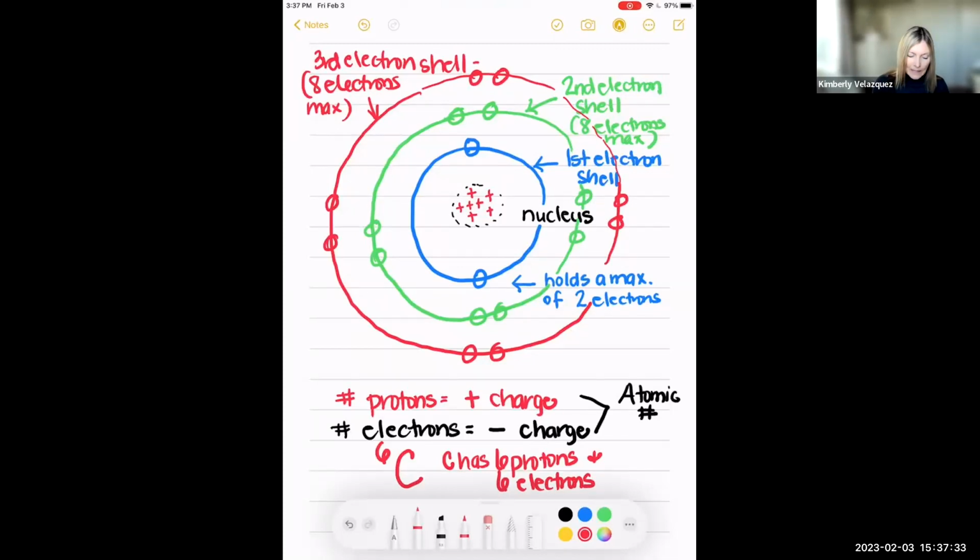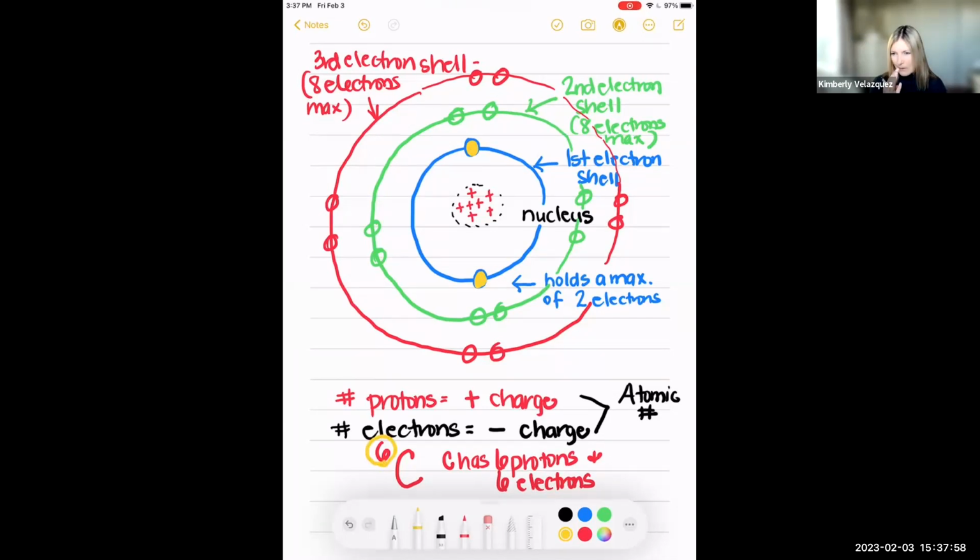That means that in these electron shells, orbiting the nucleus of carbon are 6 electrons. And here's how those 6 electrons are going to fill those electron shells. I'm going to make them yellow. The first 2 are going to fill this first electron shell because it holds a maximum of 2. But carbon has 6.